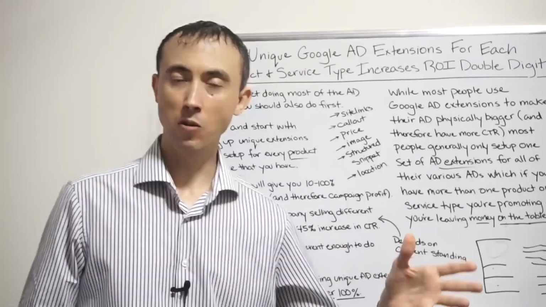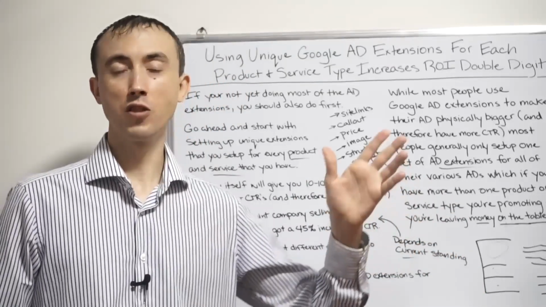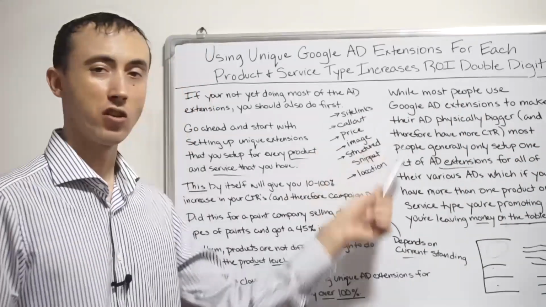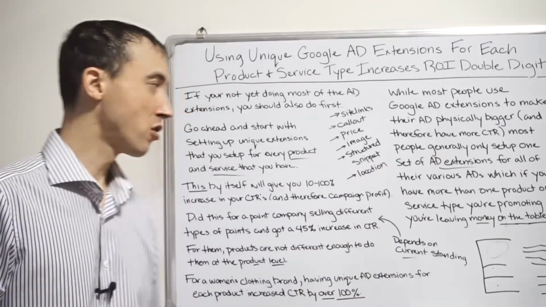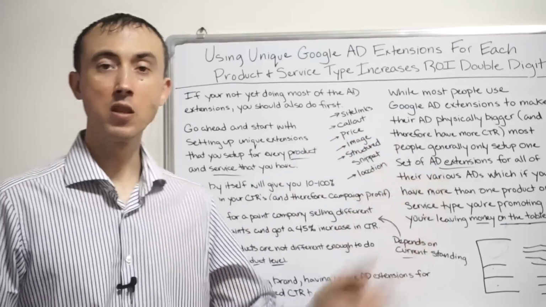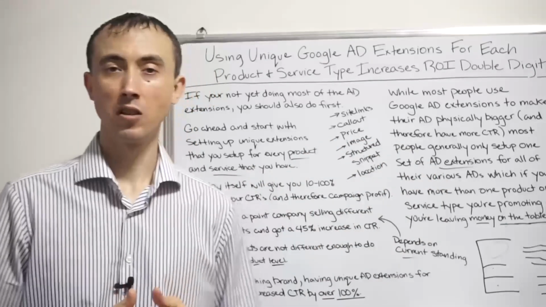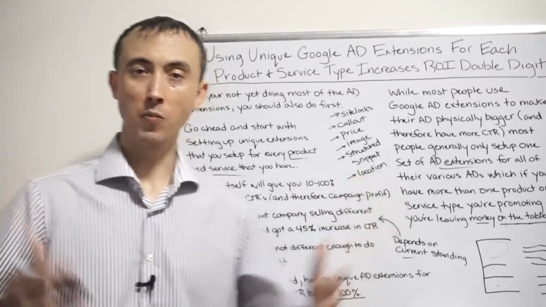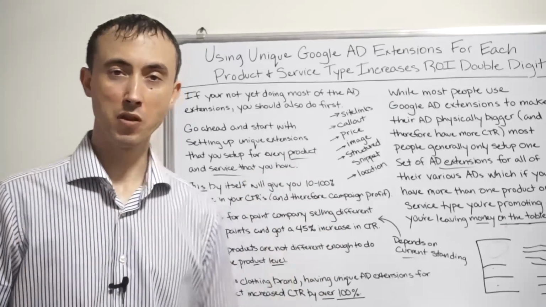You could get okay results with just adding all the ad extensions. You can write unique ad extensions for each product category or service if you offer multiple products or services through your account, or promote them through your Google Ads account.